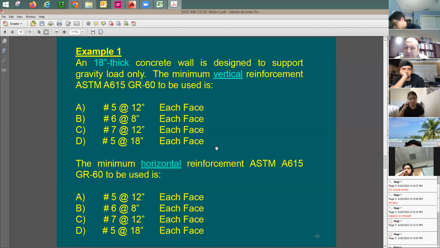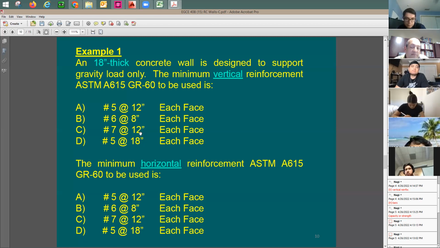Which one would give you the smallest amount of reinforcement? Is it number 5 at 18 or number 5 at 12? 5 at 18. 18 is going to be less. It's going to be the smallest. Next to it is going to be slightly larger. Next to it is going to be number 6 at 8 or number 7 at 12.